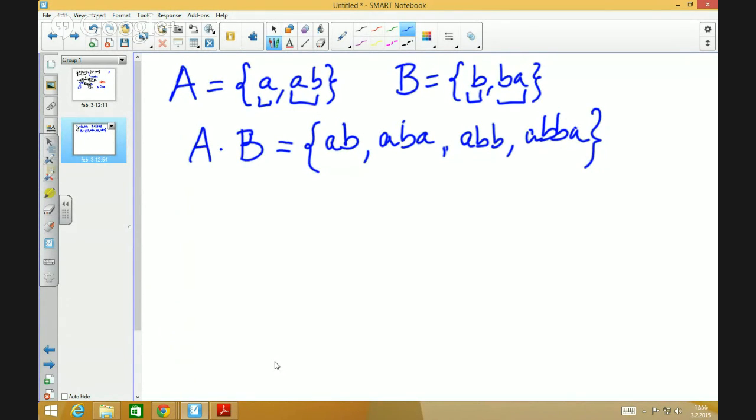Okay, so, question. Okay, the question is, you don't do it the other way around. That's an excellent question. If I did it the other way around, I would be creating the language B concatenated with A, which in general is a completely different language. Why?